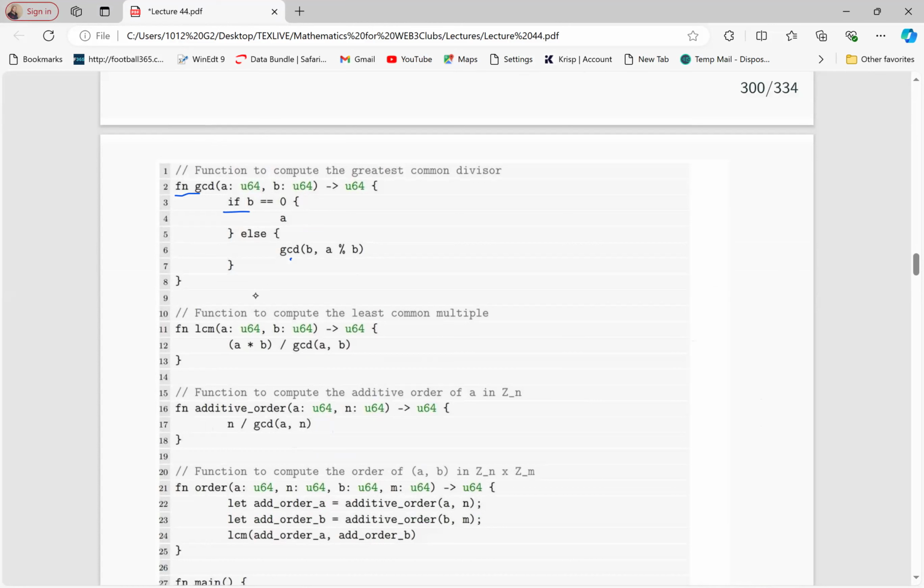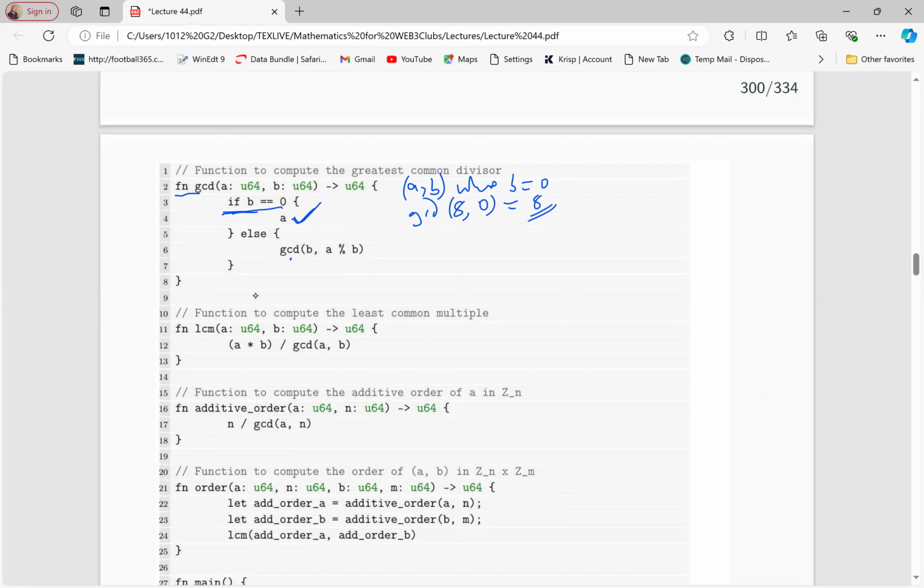Supposing you entered A and B, where B is 0, then the code will say that if B is 0, then the GCD is A. So for instance, if I have 8 and 0, the GCD of this is A, which is 8.